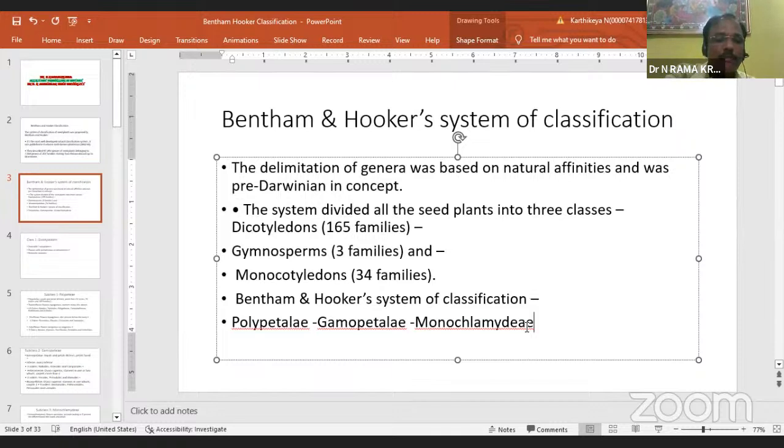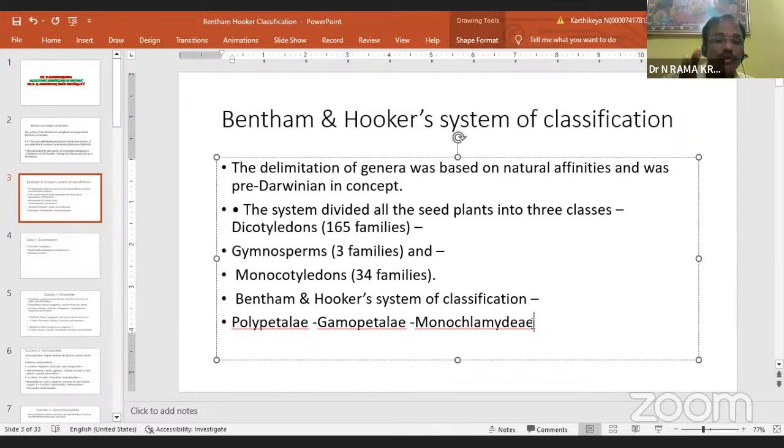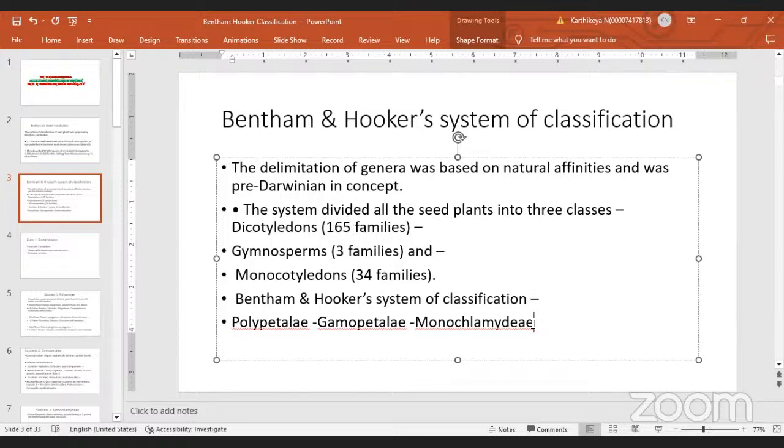First one is Polypetalae, second one is Gamopetalae, and third one is Monochlamydeae. Is it clear now? Yes, sir. Petals, poly, unfused, free petals, where the free petals are there.